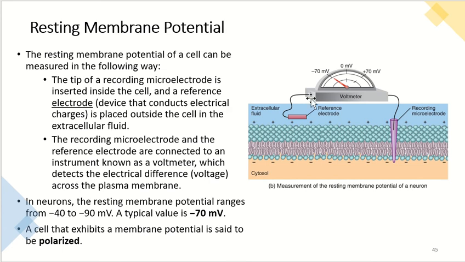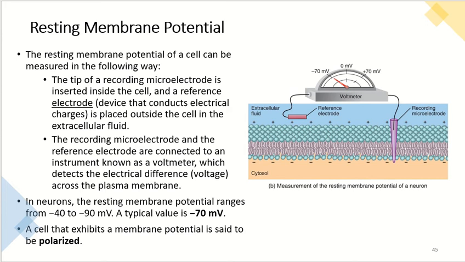And then a reference electrode, which is just a little device that conducts electrical charges, is going to be placed outside the cell in the extracellular fluid. The recording microelectrode and the reference electrode are then going to be connected to a little instrument called a voltmeter, and this is going to detect the electrical differences, or the voltage, across that plasma membrane.